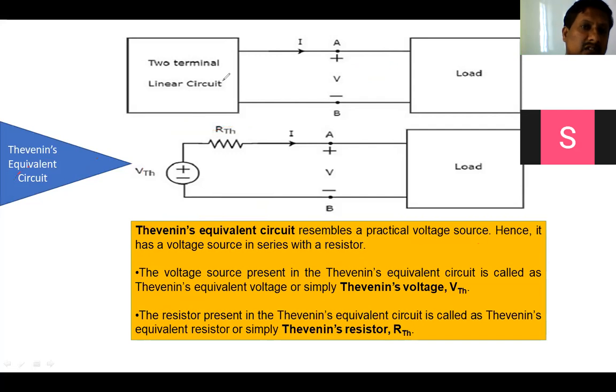Any circuit, any two terminal linear network, we can convert into Thevenin's equivalent circuit, which consists of VTH and RTH. How to find VTH and RTH is given in this statement. VTH you can find by opening the circuit and finding the open circuit voltage between A and B. Similarly, RTH you can find by finding the equivalent resistance between terminals A and B.